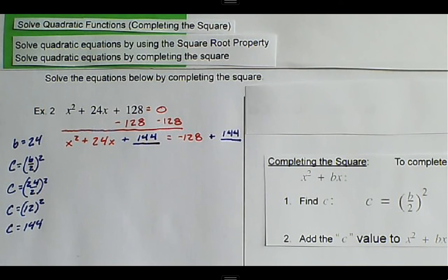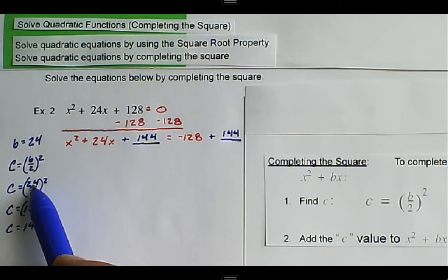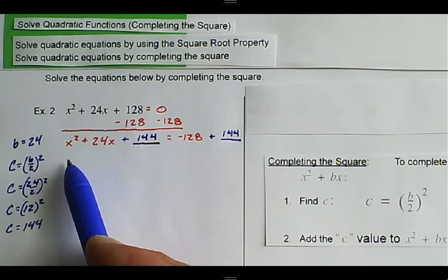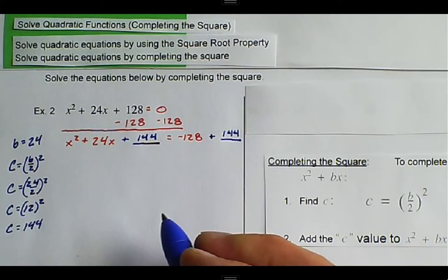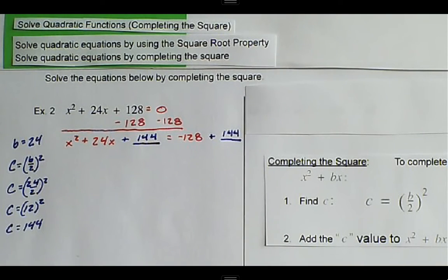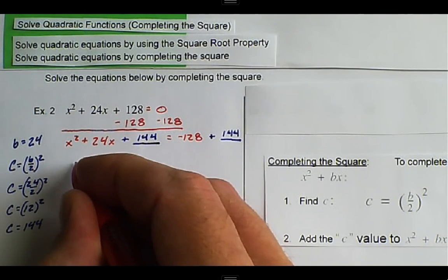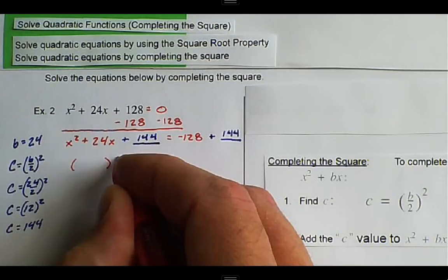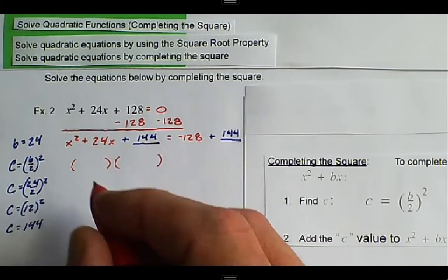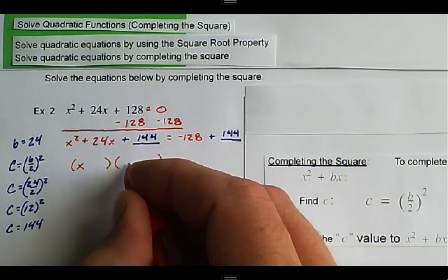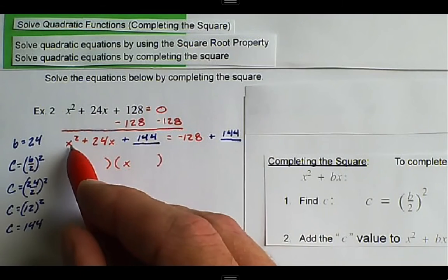And now we can go ahead and figure out what our perfect square is. The nice thing about this is that whatever 24 divided by 2 is ends up making the value that makes this a perfect square. On the left side, we're trying to get two binomials that are exactly the same. To get x squared, we factor and get x and x.